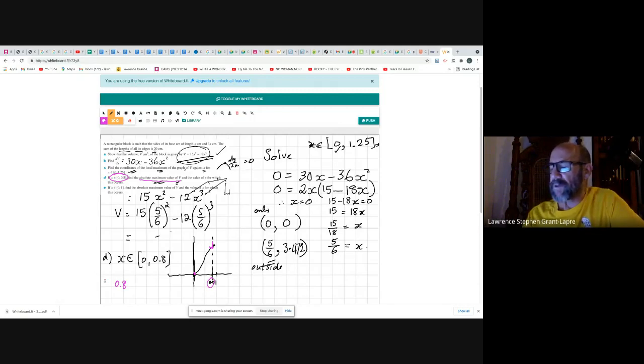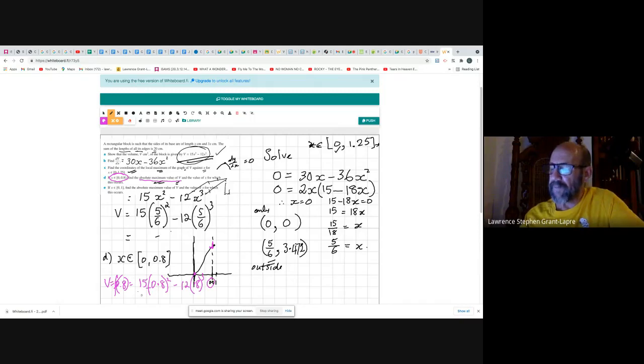So if you substitute 0.8 into the function V, it's 15 times 0.8 squared minus 12 times 0.8 cubed.